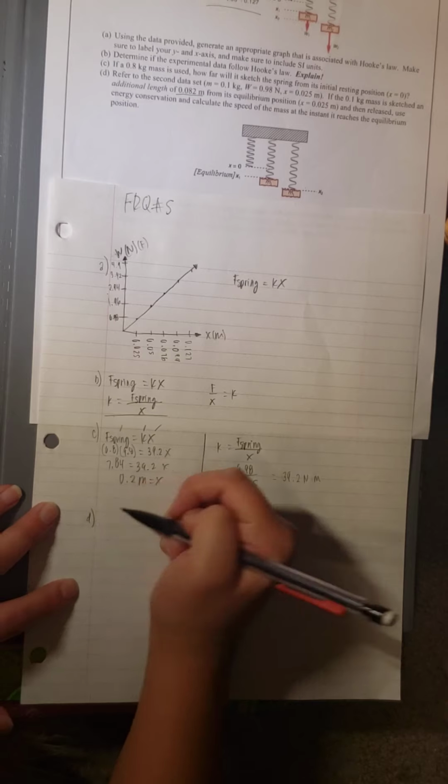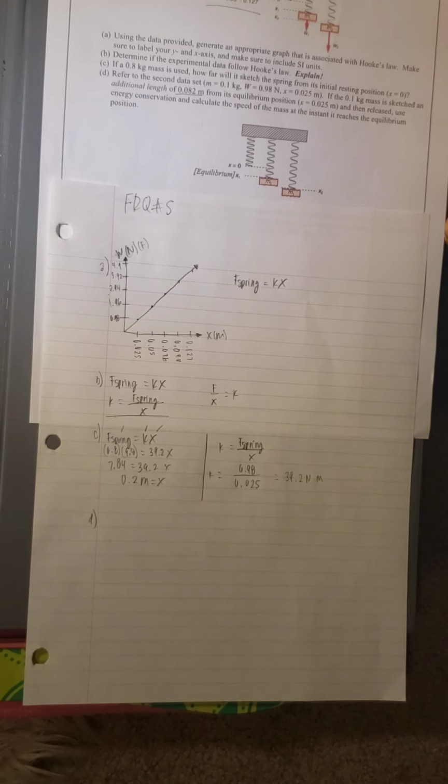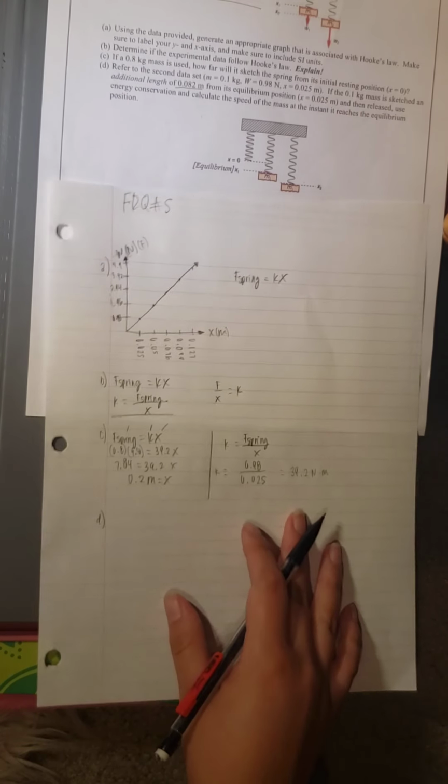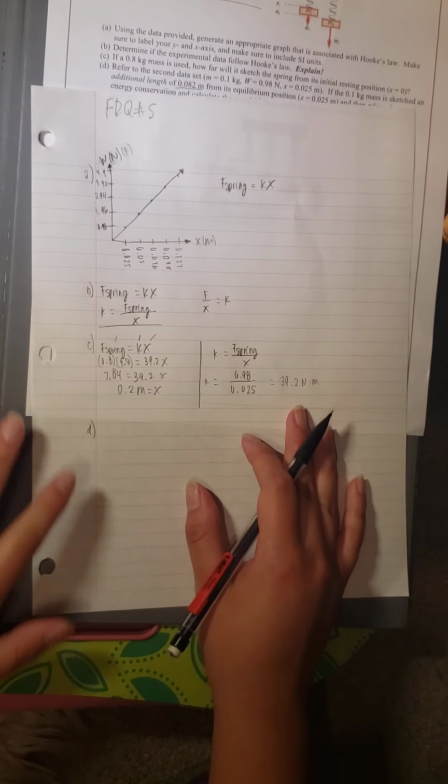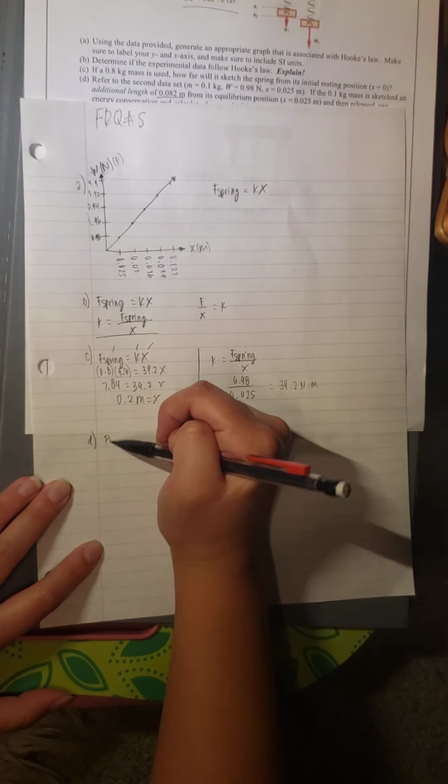So moving on to part D. Alright, on to part D. So it wants us to use the first data set, and that weight is being pulled an additional 0.082 meters from the equilibrium. And then it wants us to use energy to calculate the speed of the mass at the instant it reaches equilibrium. Okay, so let's go ahead, set up energy.